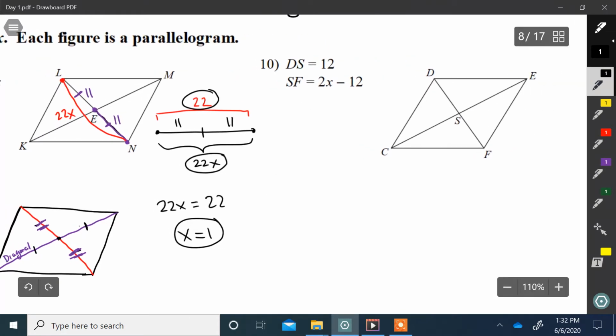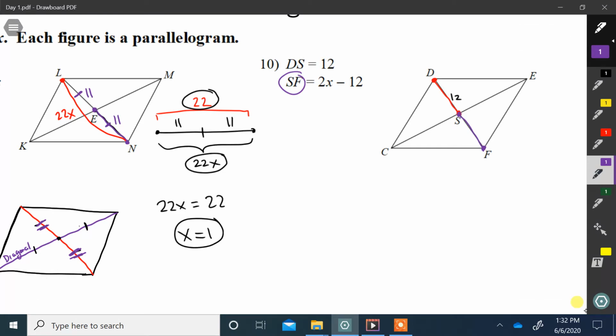Let's see if we can do the next one here. We have DS is 12. So from here to there is 12. And then we have SF, that's going to be 2x minus 12.